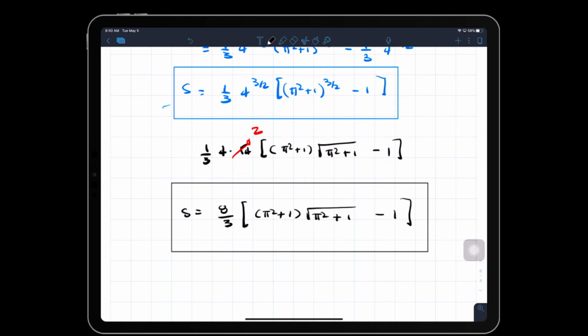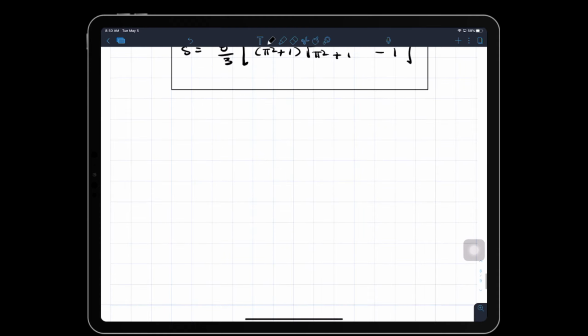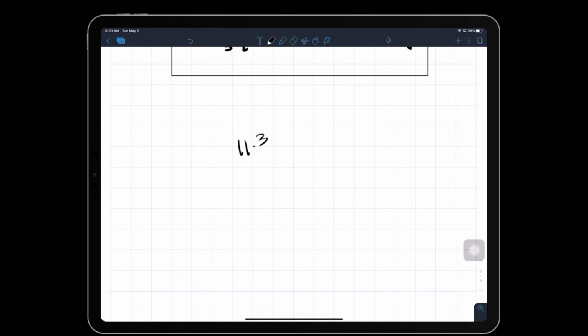Now, again, let's give you guys some homework to get started on some of this stuff in this section, which is 11.3. And I'm interested in the calculus.